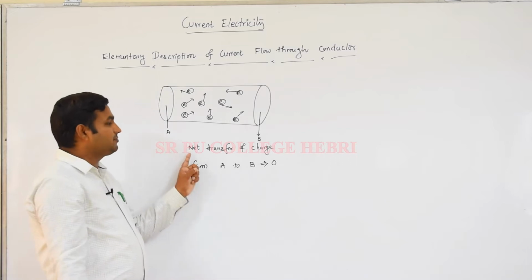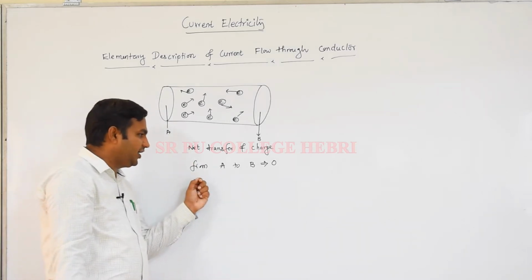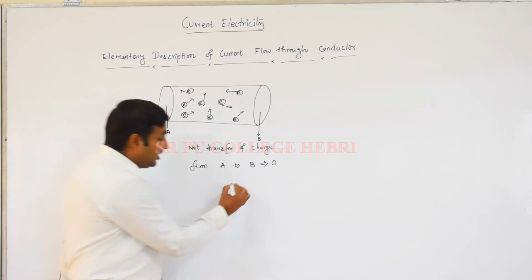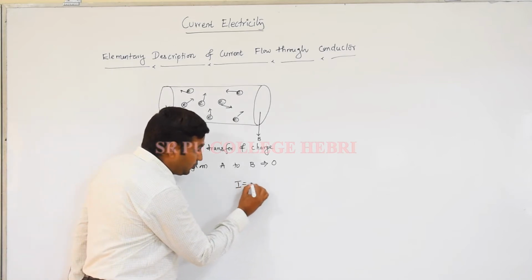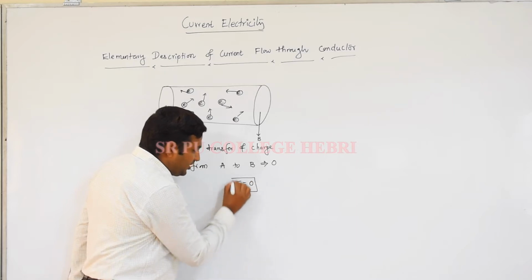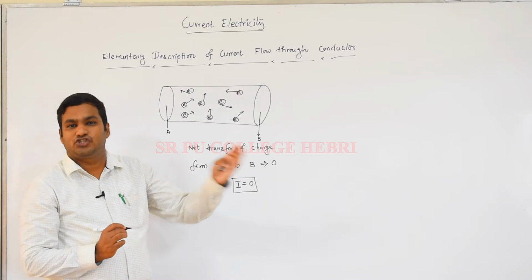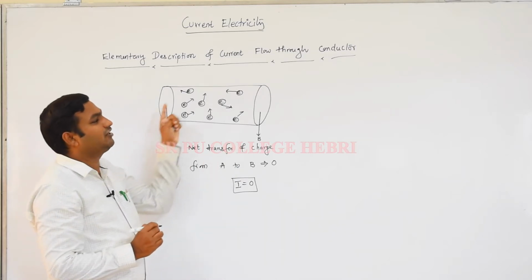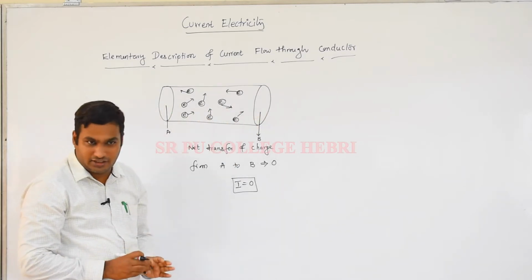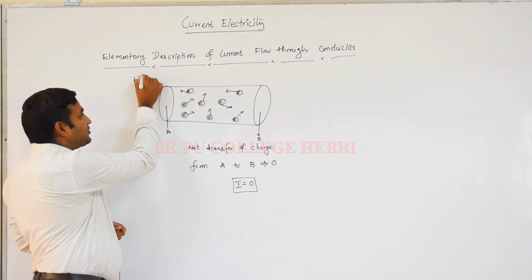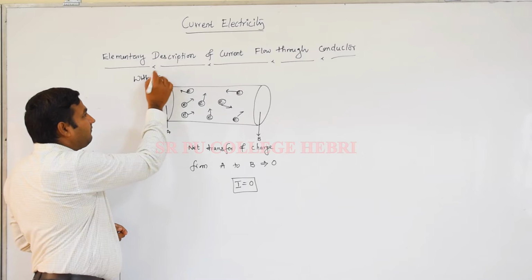If no transfer of charge takes place from one end to the other, automatically we can say that the electric current is equal to 0. The reason is that electric current itself is the rate of flow of charge from one end of the conductor to the other end.